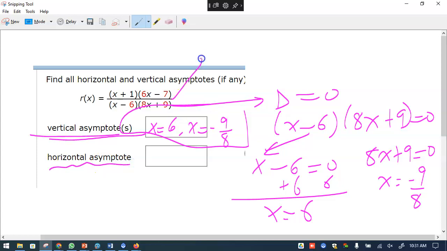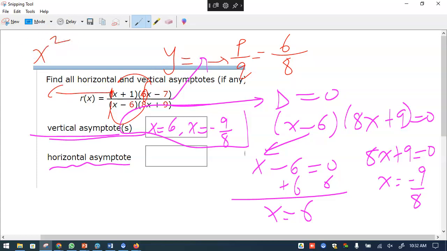Horizontal means you look at the degree. The top part has a number 1 times, and this is 6 times. So 1 times 6 becomes 6 and 1 times 8 becomes 8. So this is like P over Q form. Why am I using this for the horizontal asymptote? Because of the degree. The top part, if you use the FOIL method, you get minus 6x and minus 7.